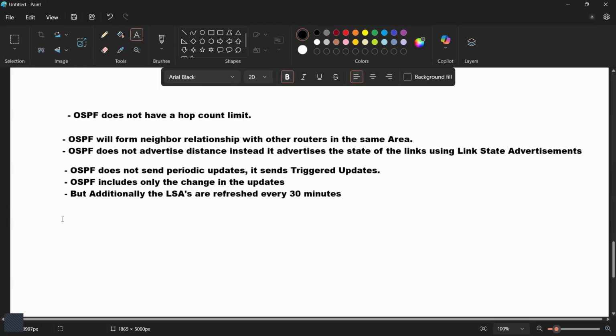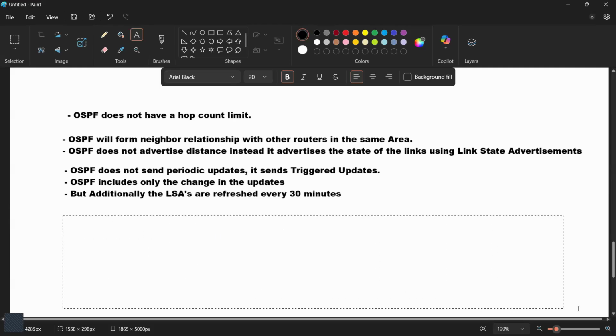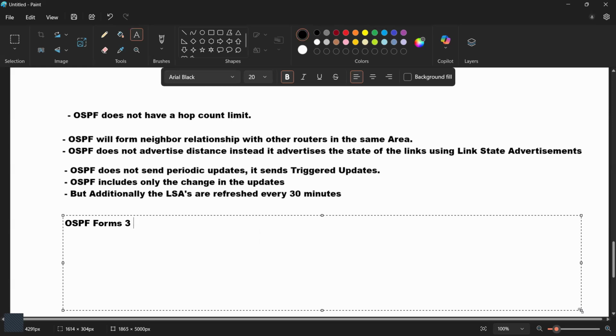Now OSPF forms 3 tables. What are those? Number 1, neighbor table. Number 2, topology table, also known as the database.